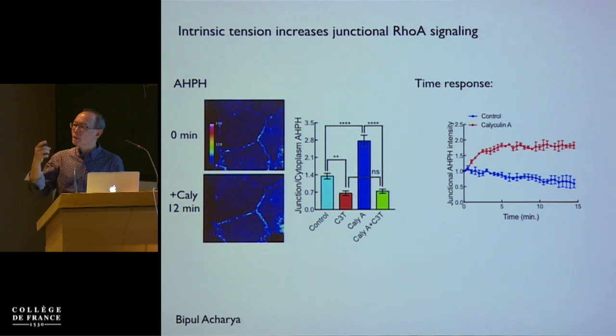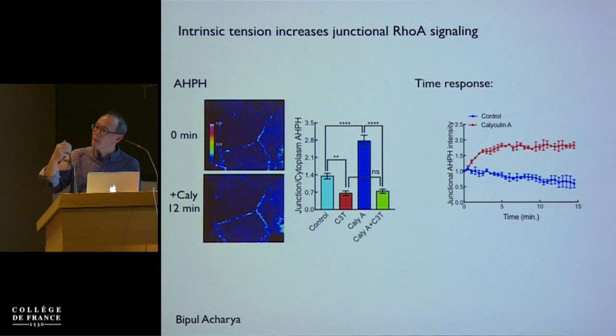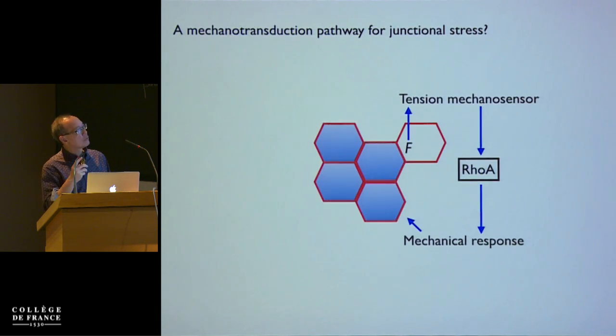So what that suggested to Bipul was that, independent of the context of apoptosis, cells have a way of sensing tensile forces applied to junctions and increasing Rho signaling at those junctions. Of course, what he then had to do was to try and find the signaling pathway that was involved.